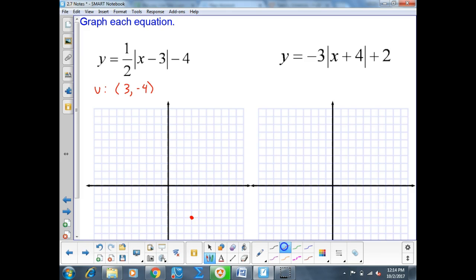That's my vertex. Then what's the slope of the right side? We'll call it RM. 1/2. What's the slope of the left side? We'll call it LM. Negative 1/2.